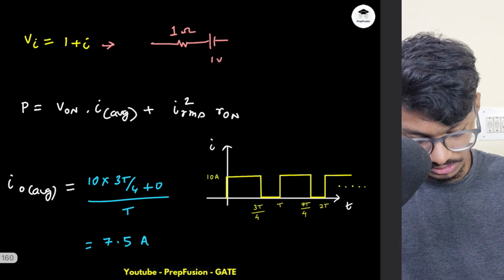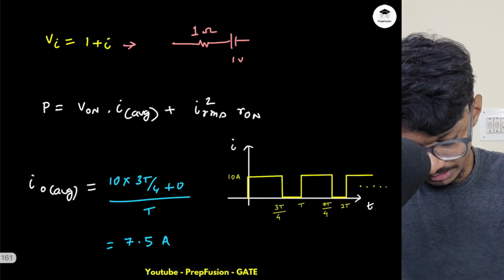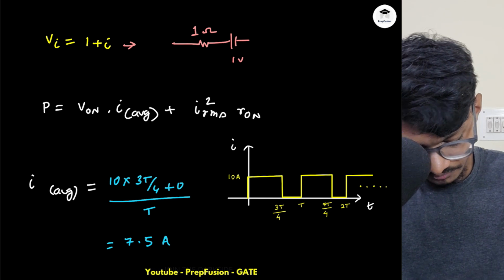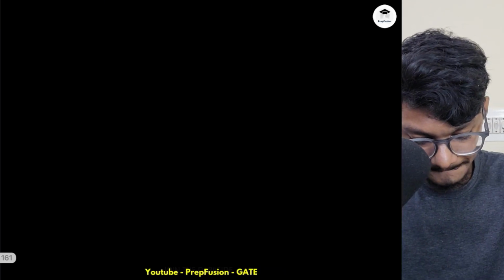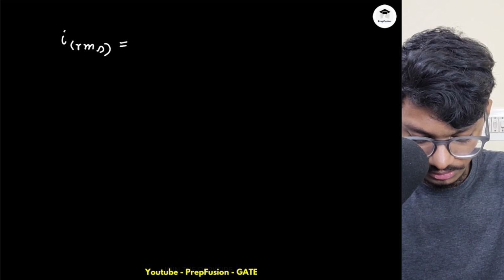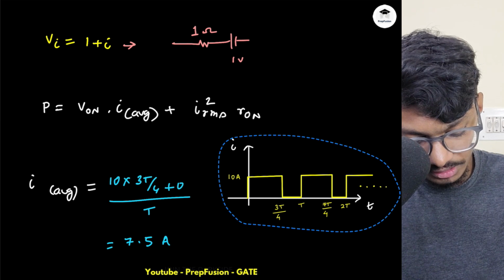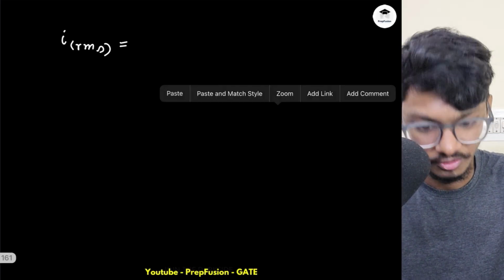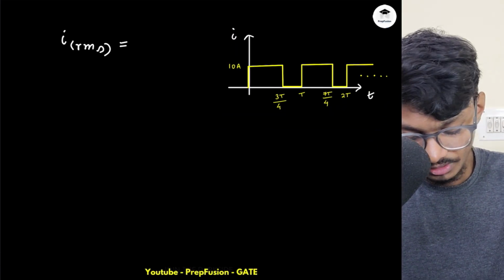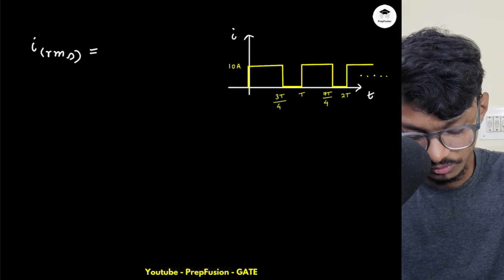What is the I RMS? I should mention IRMS, not IO, you will get confused. I RMS is the root of the mean of the square of the area. I have taught this in my network theory course, how to compute RMS.